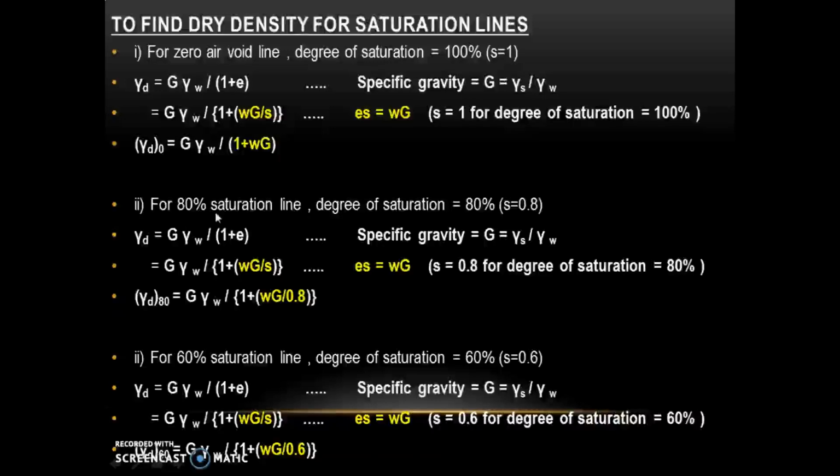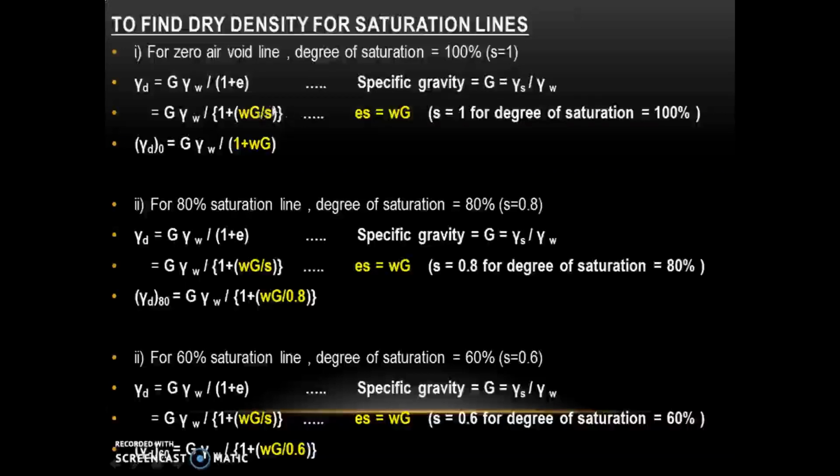And now to draw the 80% saturation line, we have to consider the degree of saturation S as 0.8, that is 80 divided by 100. For the zero air void line, we took S as 1 because the degree of saturation is 100%. So 100 by 100 is equal to 1.